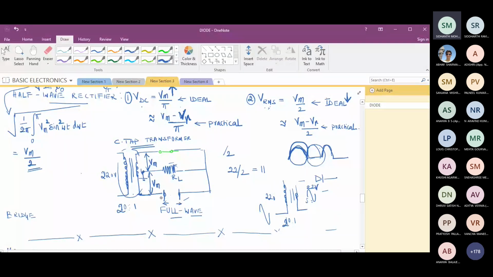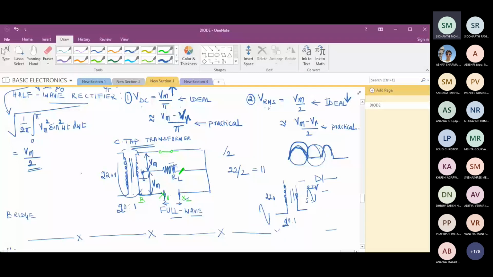Properly analyze. Is terminal X1 of the diode connected to terminal B of the secondary winding? Yes, sir. Is terminal X2 of the diode connected to one end of the load resistance? One of the ends, not both the ends.